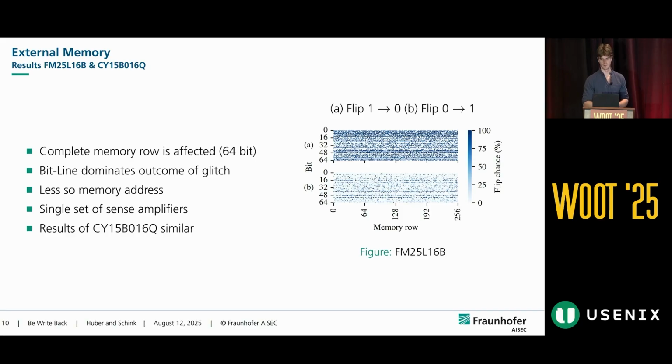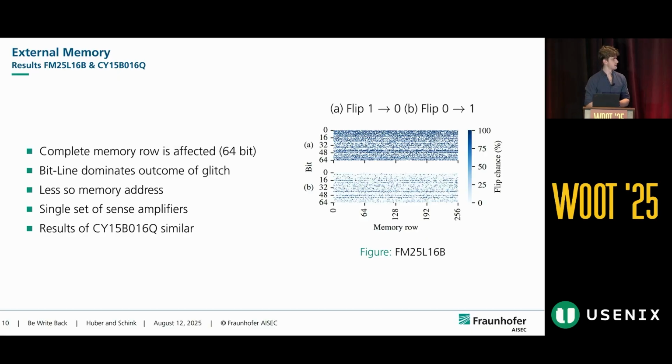So each column is 1 memory row, and basically each row is 1 bit line. As we can see, the bit line dominates the outcome of the glitch, which is visible by those stripes. The memory address itself is less important. And this device in particular seems to implement only a single set of sense amplifiers or bit lines, as these stripes go across the complete memory.